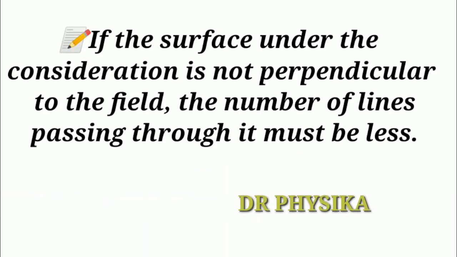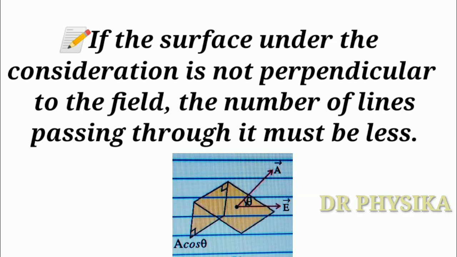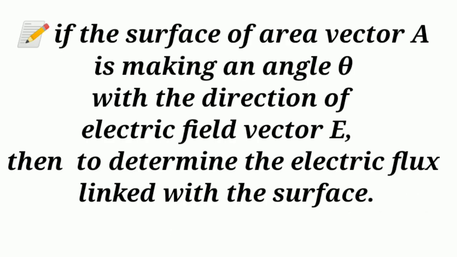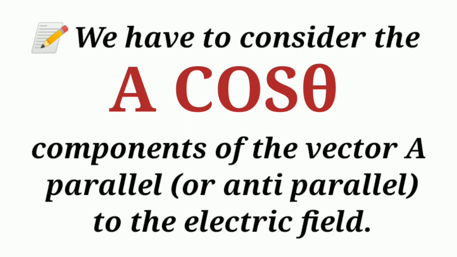If the surface under consideration is not perpendicular to the field, the number of lines passing through it must be less. Look at this diagram. If the surface area vector A is making an angle theta with the direction of electric field vector E, then to determine the electric flux linked with the surface, we have to consider the A cos theta component of the vector A parallel or anti-parallel to the electric field.